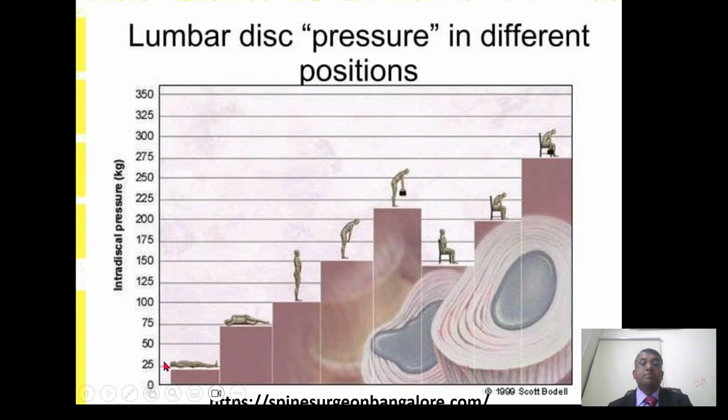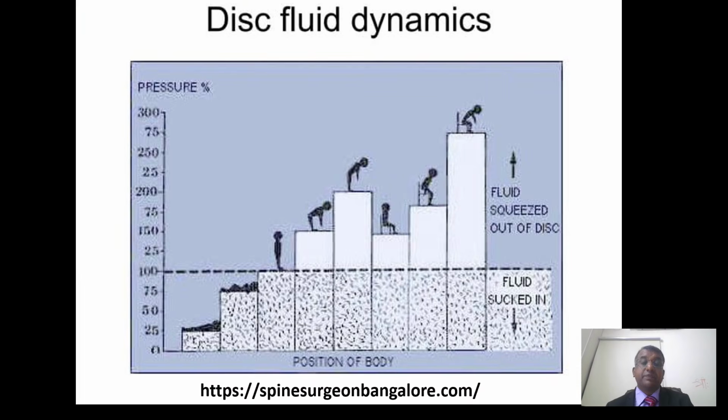As we can see, in the supine posture the pressure is minimum at 25, whereas when we sit, bend forwards, or lift weight, the pressure is close to 200 to 250, which is around 10 times the normal pressure. As this pressure increases, the chances of the disc pinching on the nerve also increase.